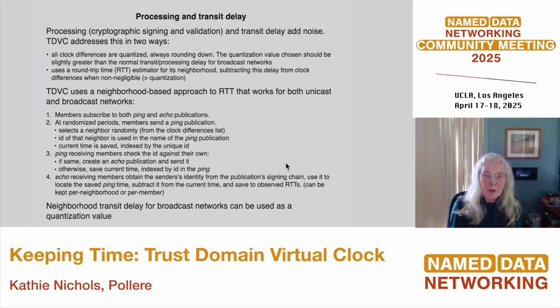Everybody gets that ping and saves it if it's not for them. If it is for them, they send the echo. But everybody can overhear that echo, so everybody can get an RTT estimate for the neighborhood. It's just something you get to think about when you're working in a broadcast, collection-based mode.